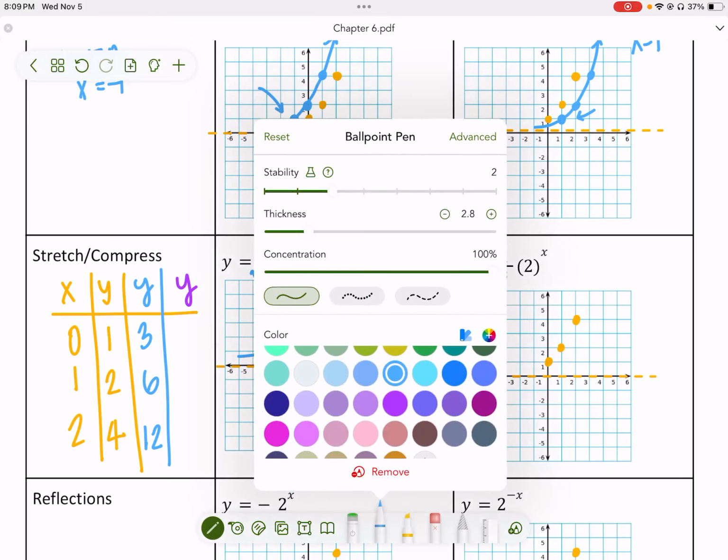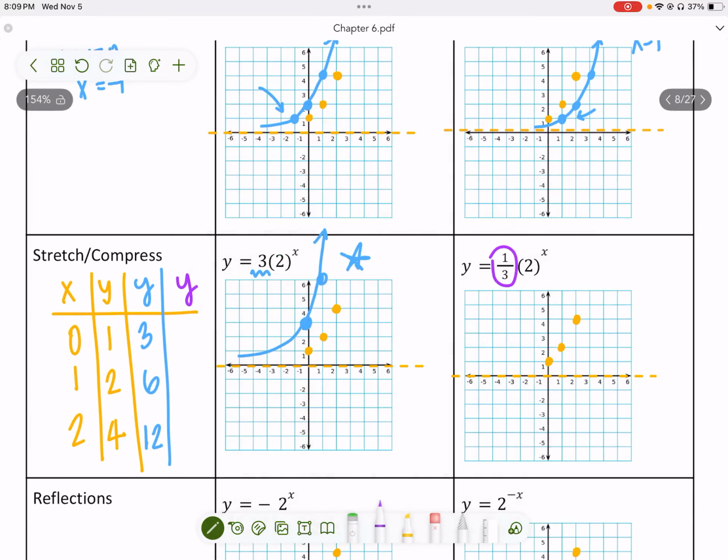Meanwhile, with my 1/3, I'm dividing by 3. So 1 divided by 3 is a third. 2 divided by 3 is 2/3. 4 divided by 3 is like what, 1 and a third? Very small.